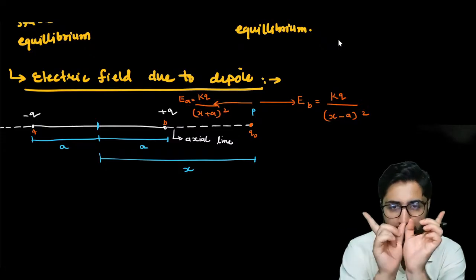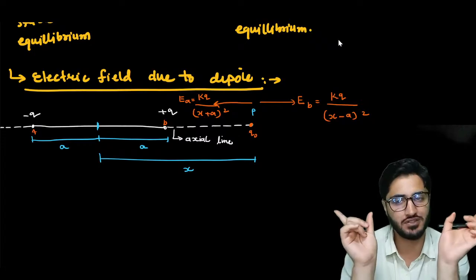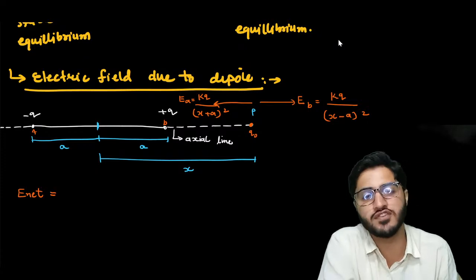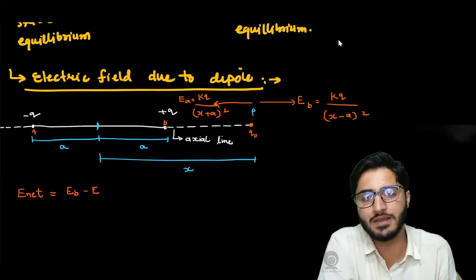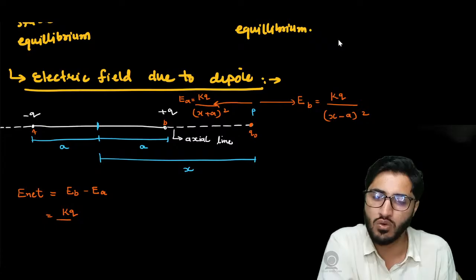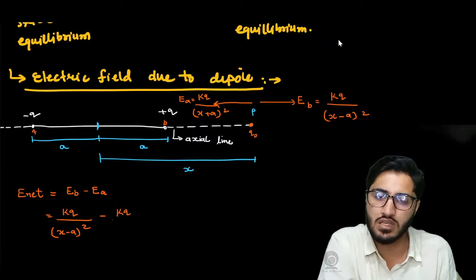The electric fields are in opposite directions, so to calculate the net electric field I write big minus small. EB is big, minus EA. EB is KQ divided by (X minus A) square, minus EA, which is KQ over (X plus A) square.